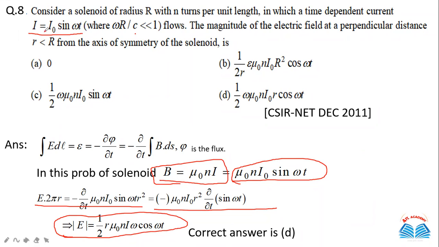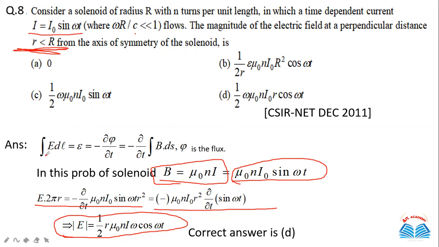So I equals I naught sin omega t for that solenoid, and we need the magnitude of electric field at a perpendicular distance from the axis of symmetry, r less than R. There is no role of this position, because we are not finding the field at a particular point. We have to calculate the magnitude of electric field, so we will not use this.